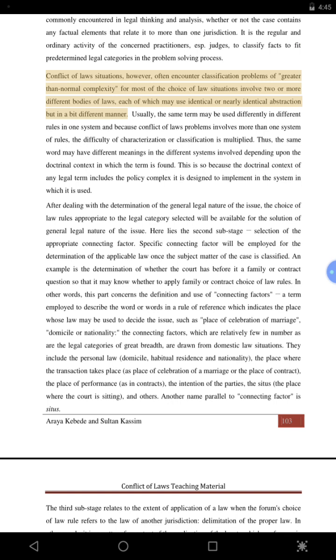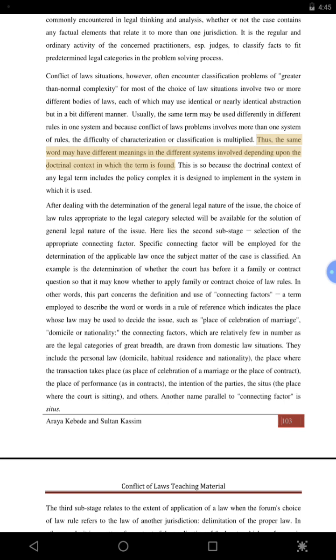however, often encounter classification problems of greater than normal complexity, for most of the choice of law situations involve two or more different bodies of laws, each of which may use identical or nearly identical abstraction but in a slightly different manner. Usually, the same term may be used differently in different rules in one system, and because conflict of laws problems involve more than one system of rules, the difficulty of characterization or classification is multiplied.